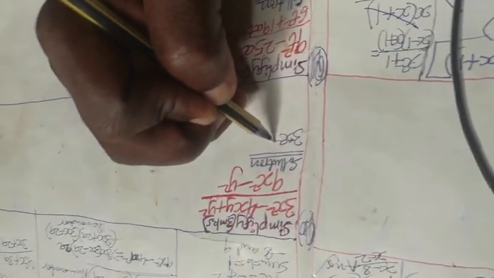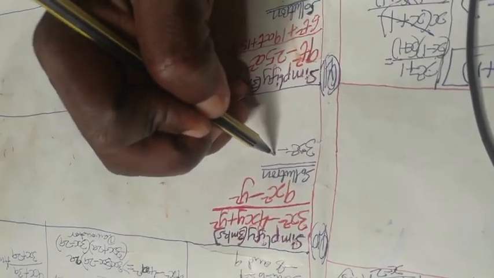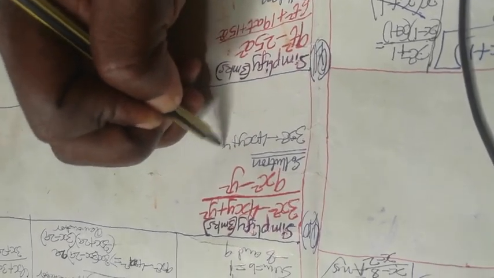Our numerator is 3x squared minus 4xy plus y squared.